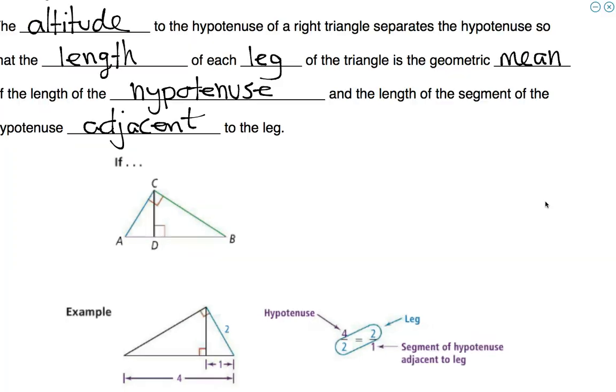So what's happening here is we have segment AB, which is a hypotenuse, over segment AC, which is a leg, but it's also a hypotenuse of the small triangle, equals AC over AD.